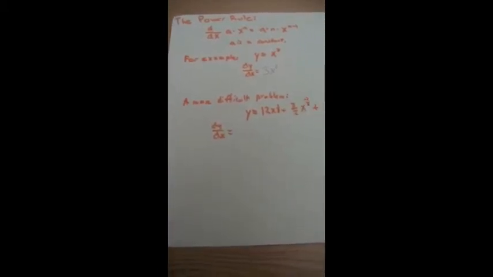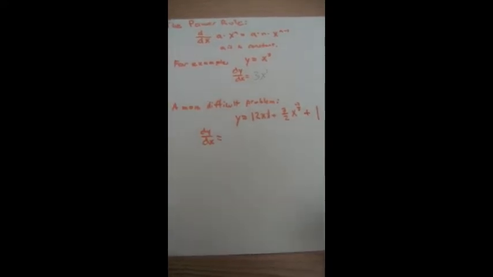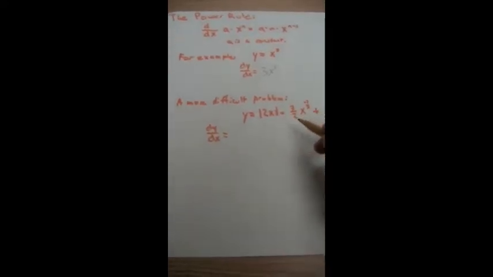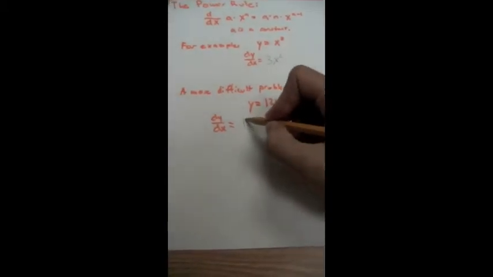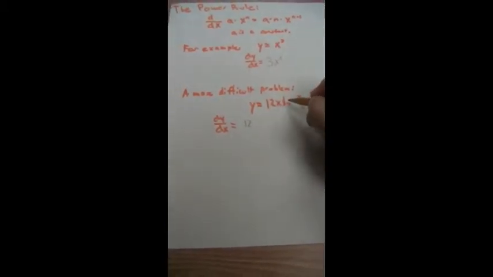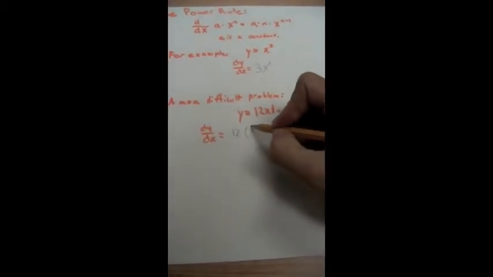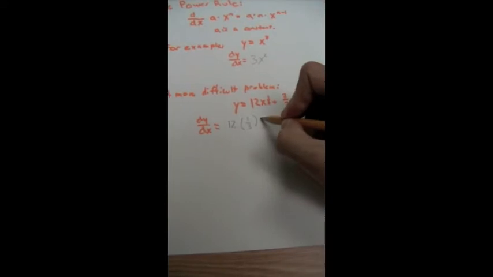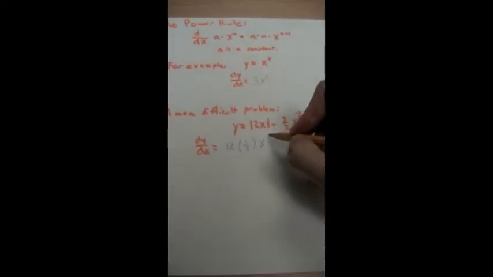This one involves fractions and going into negative exponents. So y equals 12x to the 1 over 3. So 12 times 1 over 3, that's the n being brought in front, x to the 1 over 3 minus 1.